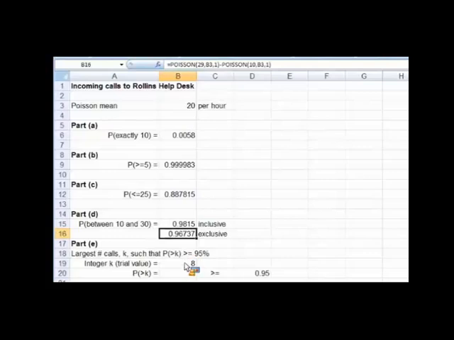We can plug in a certain value, and we're going to create a formula that says what's the probability of being greater than k. So let's just put in 4 as our trial value. So the probability of being greater than 4, we just need a formula that expresses that. So we'll say equals, and if we think about this, probability of being greater than 4, I have to start with 1 minus Poisson of what?